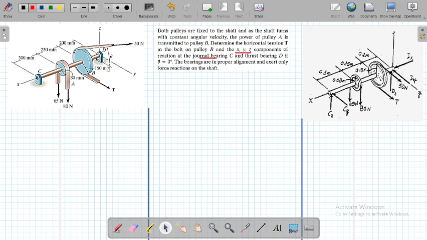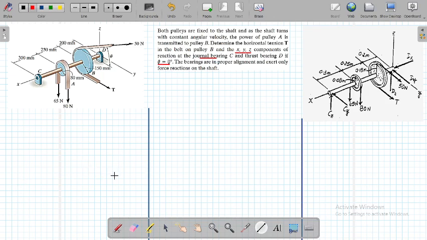He says that for this pulley B, there is a theta defined, and this theta equals 0. If you look at it, this belt which has a force of 50 Newton could make some angle along the y-axis, but he is making your life easy in this problem by telling you that theta is 0, it is not at any angle.